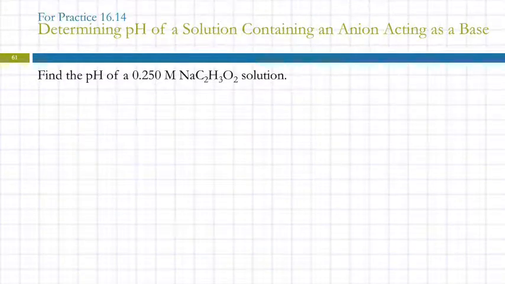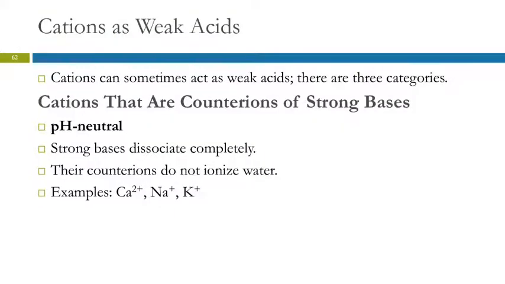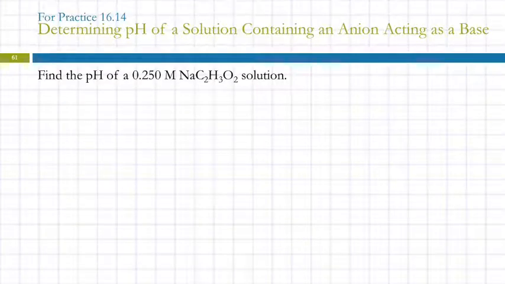So let's find the pH of a 0.250 molar sodium acetate solution. No, I didn't give myself the Ka. Hey Siri, what's Ka for acetic acid? I found something on the web about what's Ka for acetic acid. Check it out. Thank you, I will.